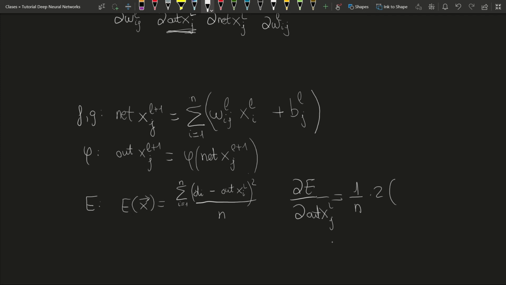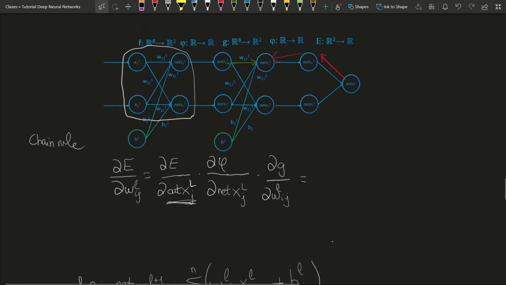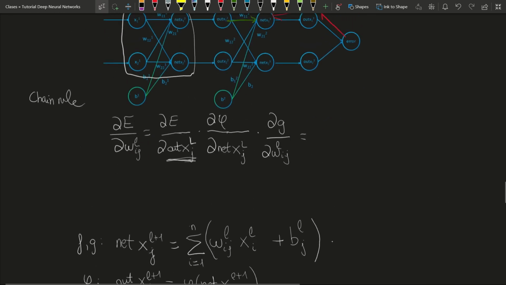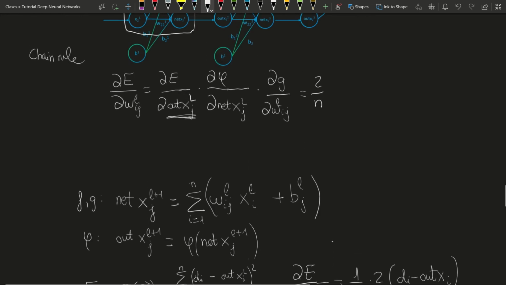Only this term matters because the other terms are constants in this sum. Then we'll put this here, 1 divided by n, times d_i minus out of x_i in position L.